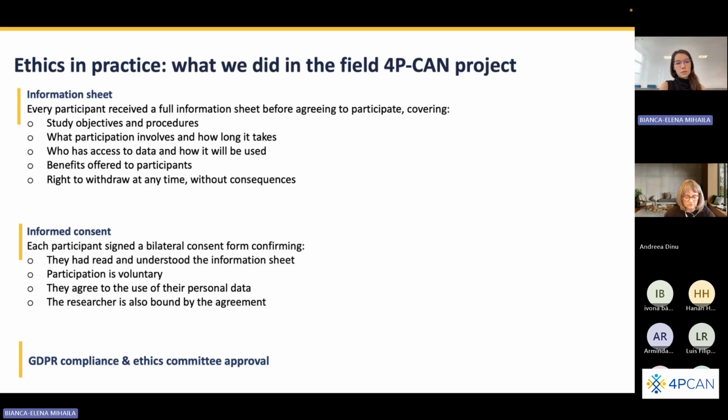The information sheet is the most important one, because we tried to be very transparent about what type of data we are gathering, the objectives of the project, and we tried to respond to every question that may arise, and every situation that may create distrust.